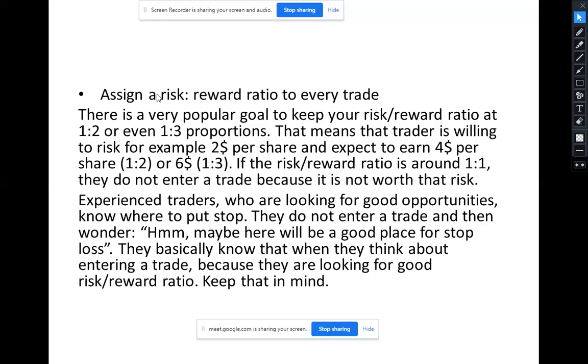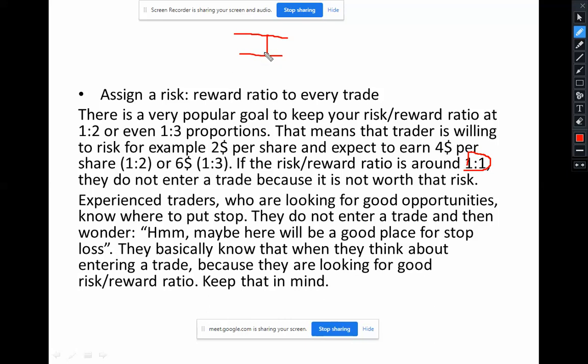Meaning, if you have a setup plan, and your setup plan is that if you enter a trade at the resistance level, your take profit should be the next support level. If your resistance level is where you enter the trade here, your take profit is here. Then you calculate the ratio from when you enter the trade to the take profit level. That is a 1 to 1 ratio.